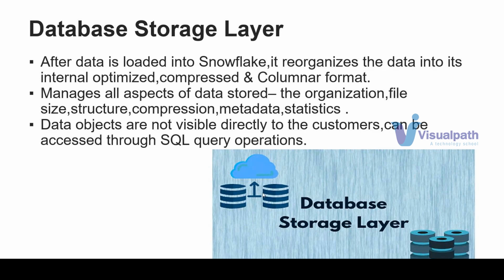These are all intermediates to get the data loaded into the table. So in your database storage layer also, you will have tables only. When you load the data, insert the data into the table, automatically the data goes into the database storage layer. But after going into the database storage layer, it does some activities.